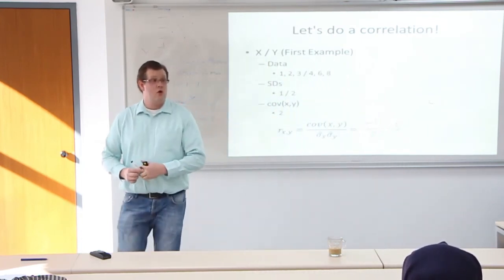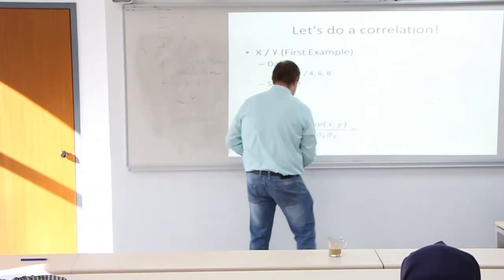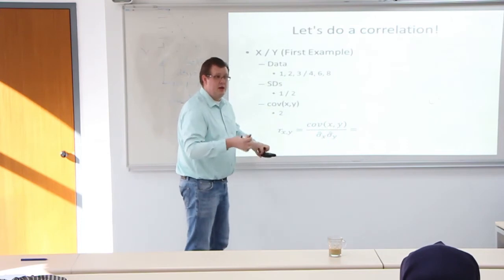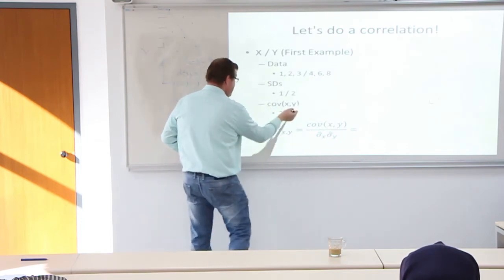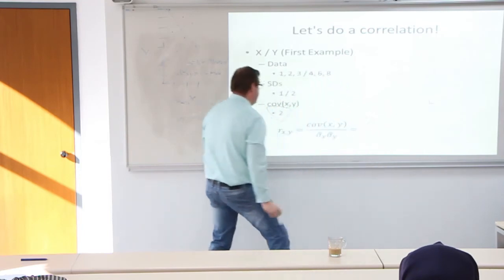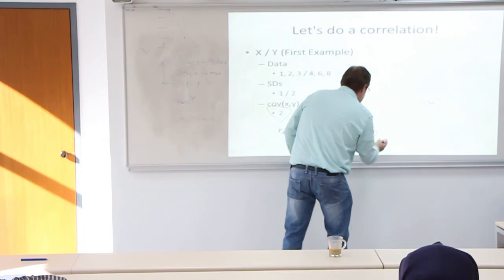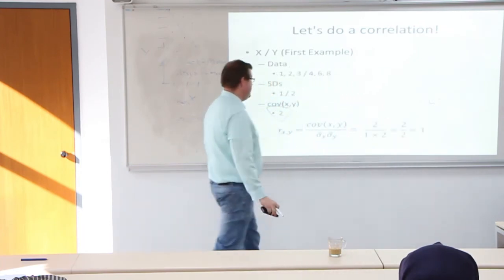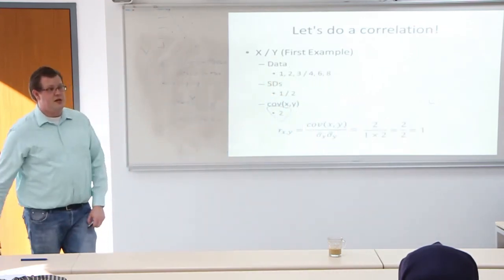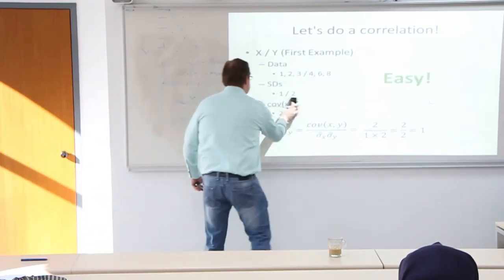In the last example, covariance is 2, so we have 2 over 1 times 2. So it's 1, which is exactly what she said earlier. It's a perfect correlation. It should be 1. All right, that was super easy.